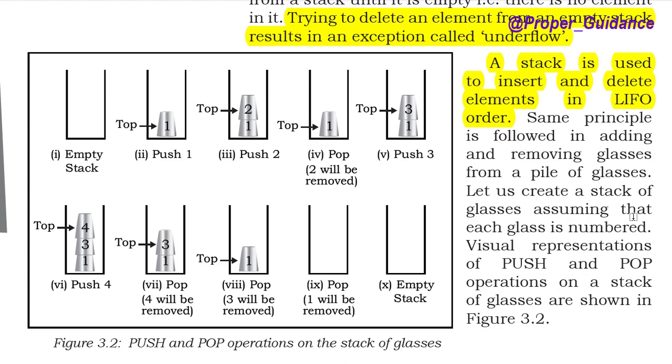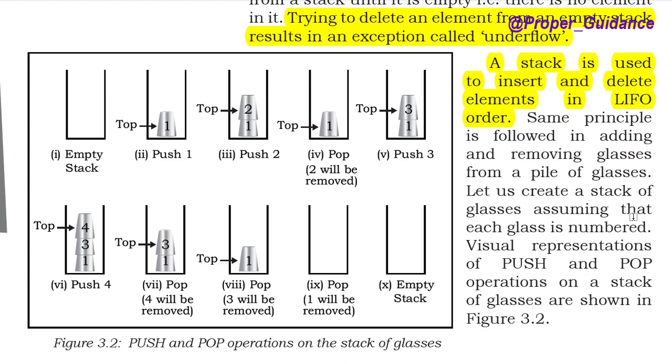We have to imagine what will happen when we keep one glass above the other. We are making a pile of glasses, and there we are using the push operation. Push 1, glass number 1, push 2, glass number 2. Glass number 2 is inserted on glass number 1.